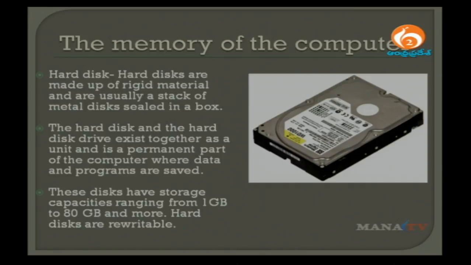Hard disks are made up of rigid material and are usually a stack of metal disks sealed in a box. You can see in the picture that it is covered with a rigid, hard material.